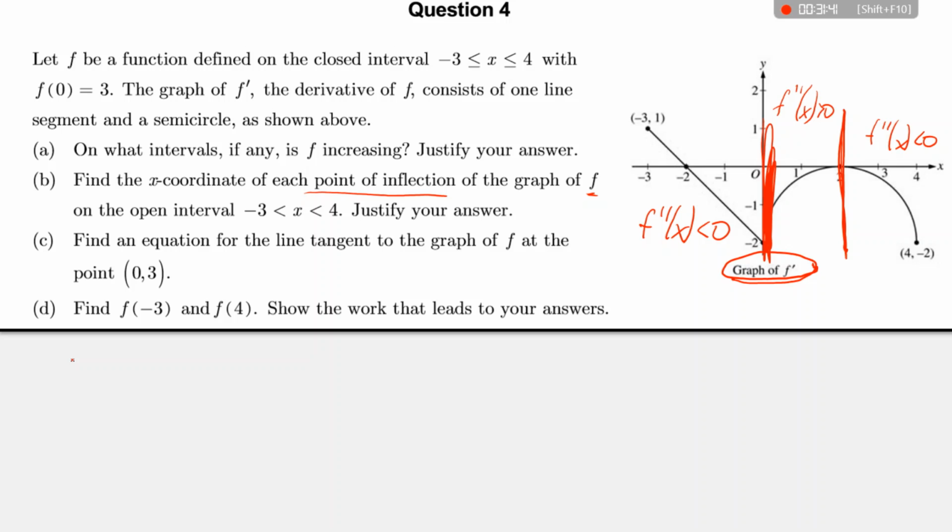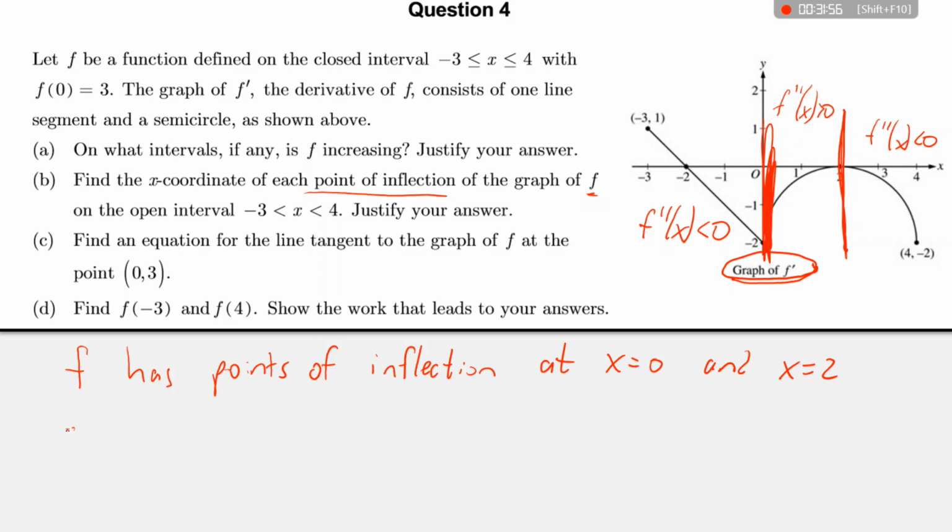So we have f has points of inflection at x equals 0 and x equals 2 as f prime prime x changes sign at these points.